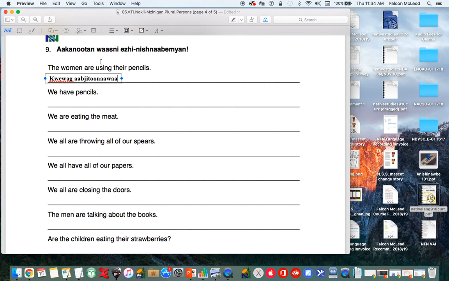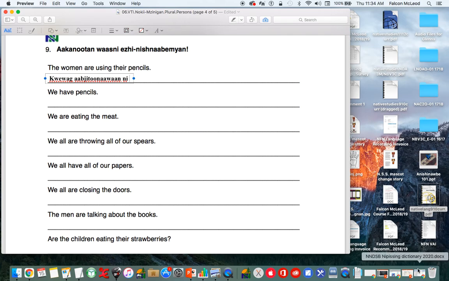Let's take a look at our noun if it's pluralized. So it's pencils. And so when it's pluralized, remember, we just add an N, aawaan, to our verb. All right, so are using their pencils. So our I is singular, but ne is plural for our pronoun here.